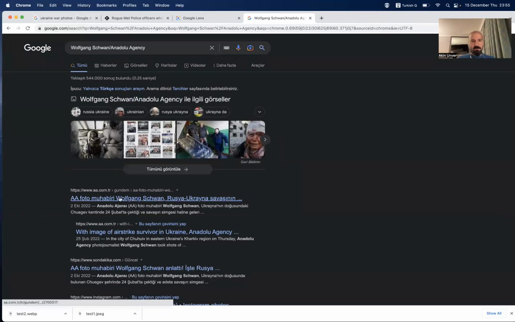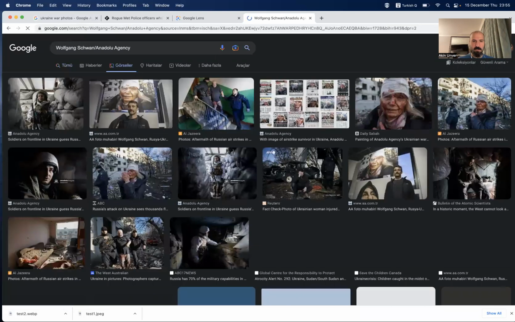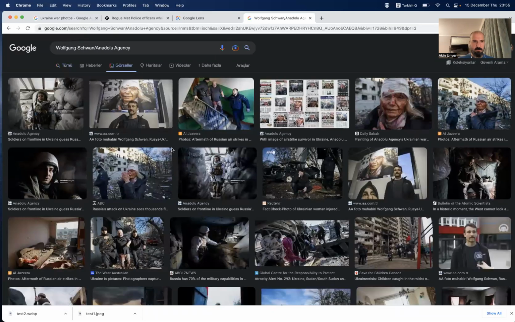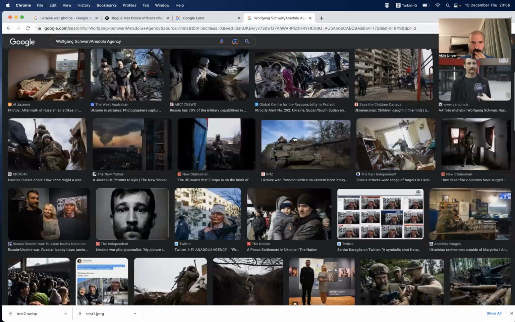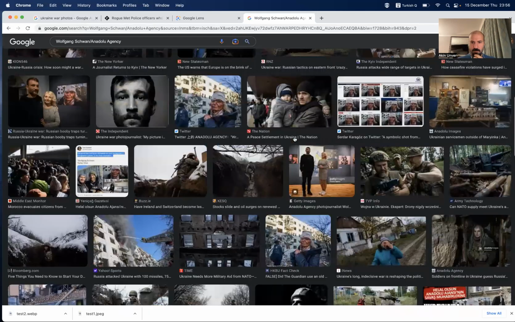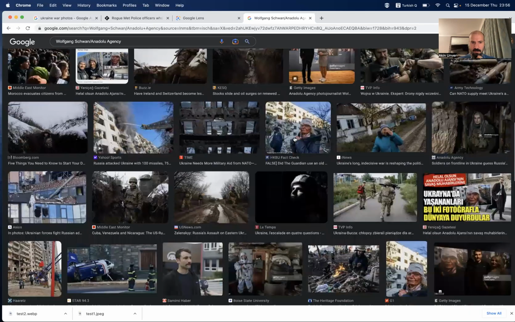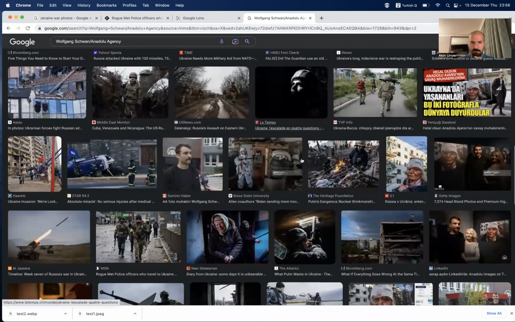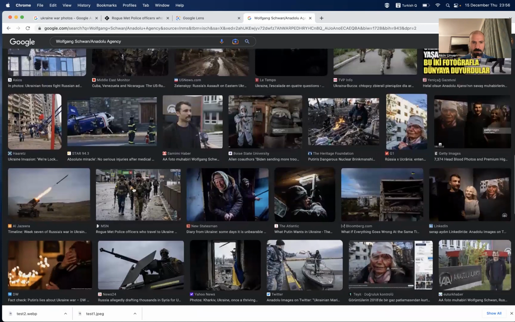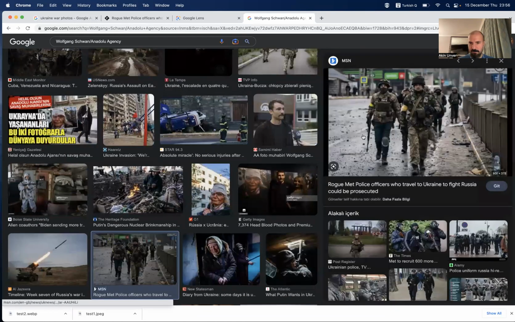Now, I understand that Wolfgang Schwan is an Anadolu Agency photo reporter, so I'm checking the rest of his images. So there are some brutal images around. So I'm just seeing in case I can get any other. So I have this.